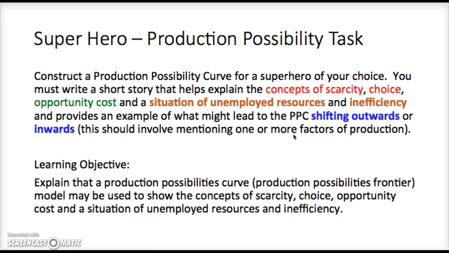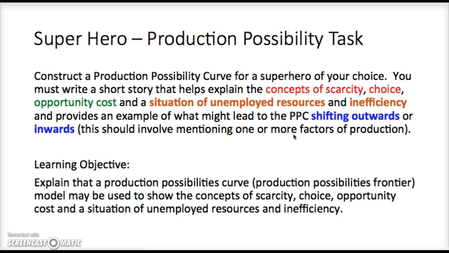So for example, a natural disaster that kills lots of people, that kills labor as a factor of production, that destroys capital, so factories and machinery, like the tsunami in Japan we saw, would push the production possibility curve inwards.